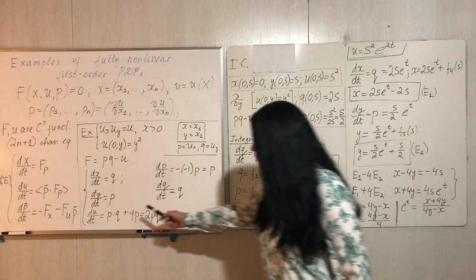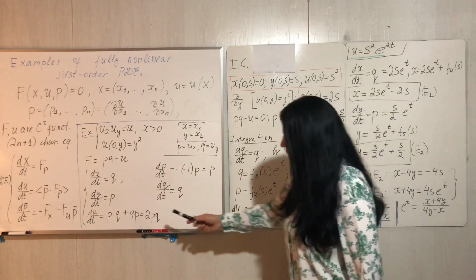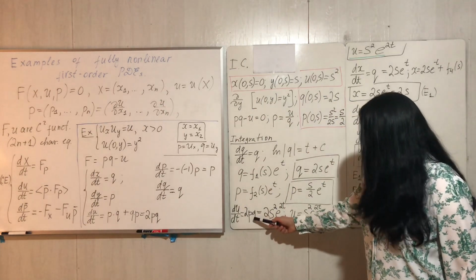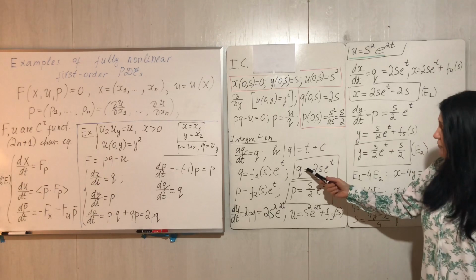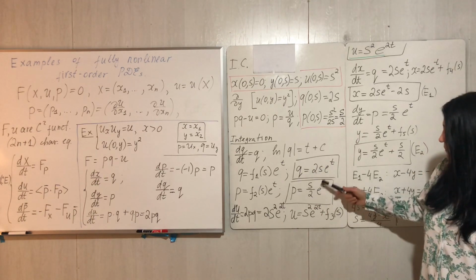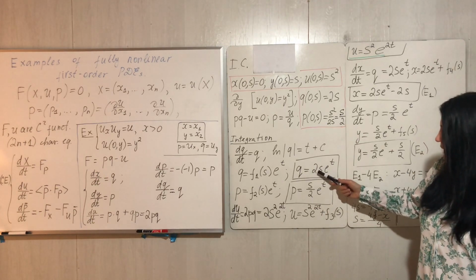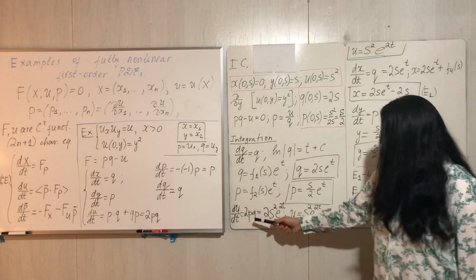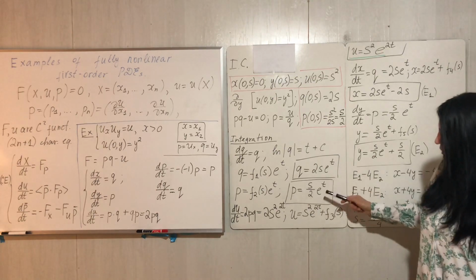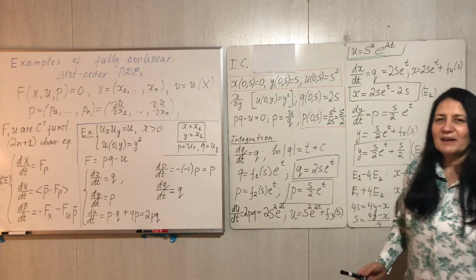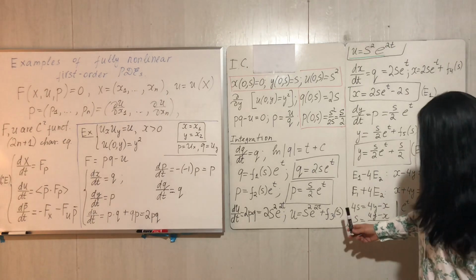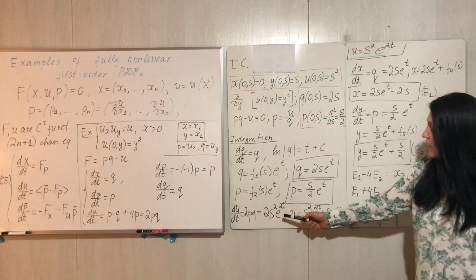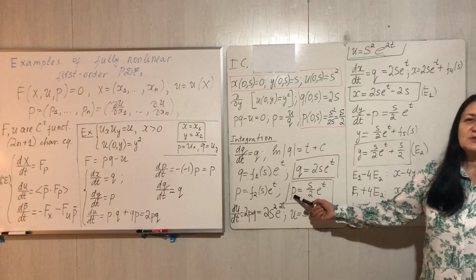So now we are moving to our equation for u. du/dt equals 2pq. Since we already found both p and q, now we multiply them. We have 2 and 2 cancelled, s and s will give us s squared, and multiplied by 2 it will be 2 e to the t times e to the t, e to the 2t. I hope I corrected all of the typos that I previously had. And so when we integrate e to the 2t, we have to divide by 2.